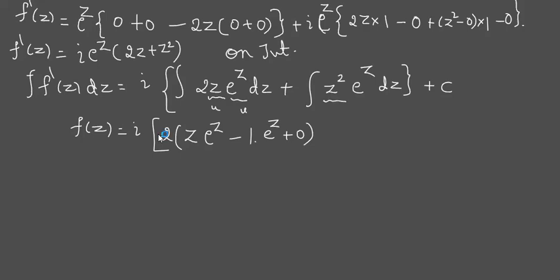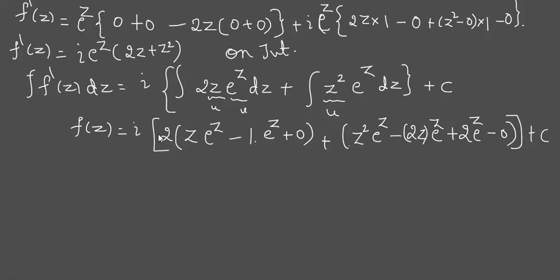Now let us see the second term. In the second term again, what is my u? u is z square. Keep it as it is. Integration of e raised to z, change the sign, minus. What is the differentiation of z square? 2z. e raised to z is again e raised to z. Again change the sign, plus. The differentiation of 2z is 2. So again e raised to z, same. What happens to the next term? It becomes 0.